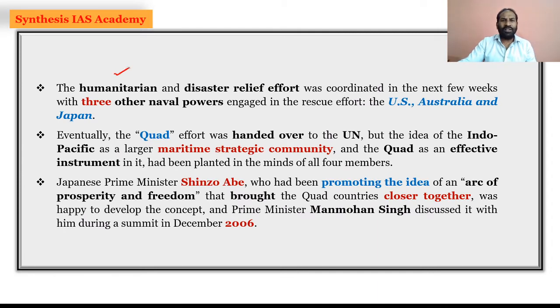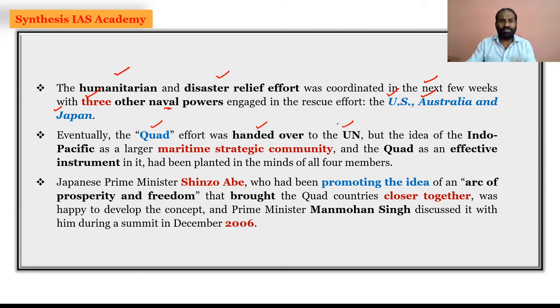Then the humanitarian and disaster relief effort was coordinated within a few weeks of the tsunami, that is December 26, 2004, and three other naval powers joined the rescue effort, that is the US, Australia and Japan. So look at how India demonstrated to the world that rescue efforts can be initiated by India and later joined by the US, Australia and Japan. Eventually a Quad effort came into existence and it was handed over to the UN.